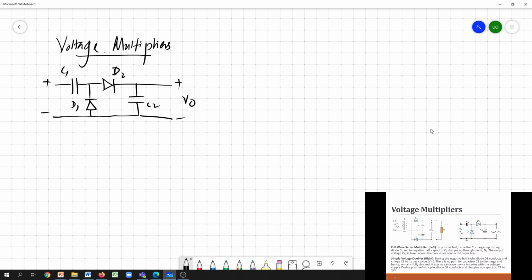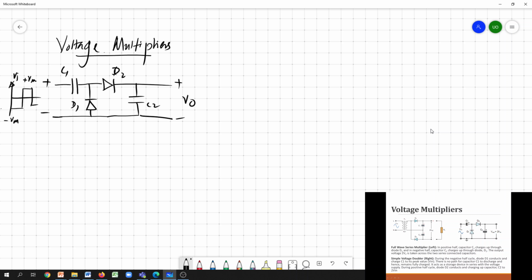For ease, I'll simply refer to this as the output. This is your input. The input is a square wave having peak voltages minus Vm and plus Vm.